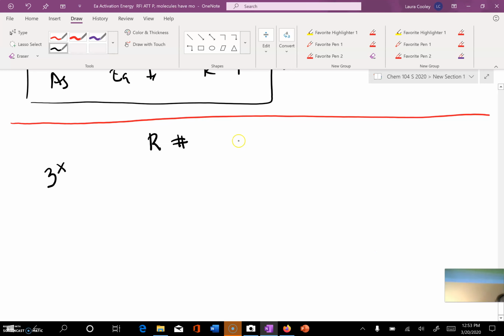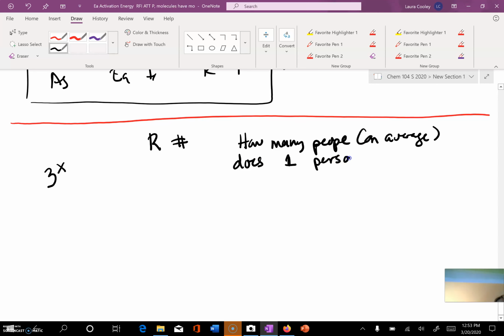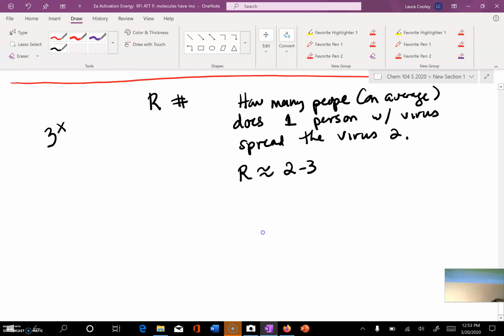And this R number is how many people, on average, does one person with the virus spread the virus to. Okay? And scientists think that number may be like 2 or 3 or something like that. Like if every person spreads the virus to 3 other people, for example.